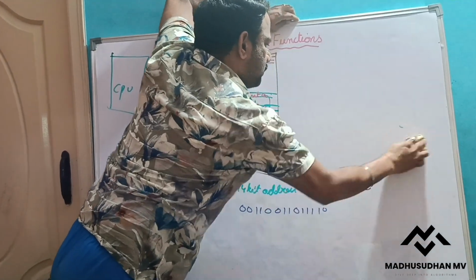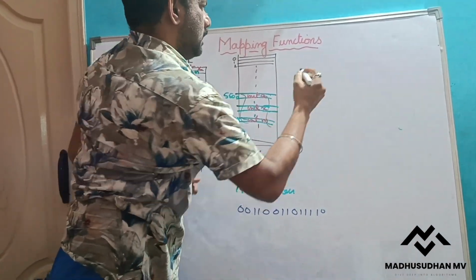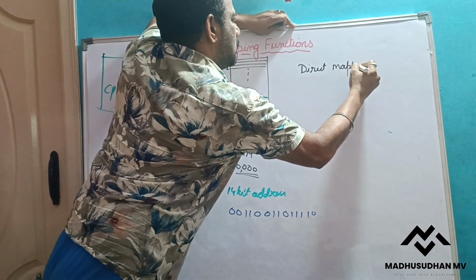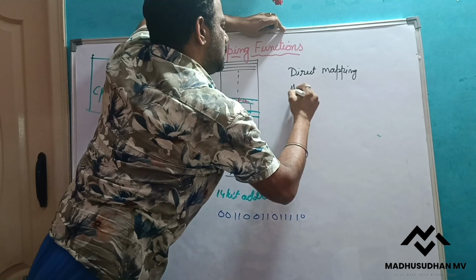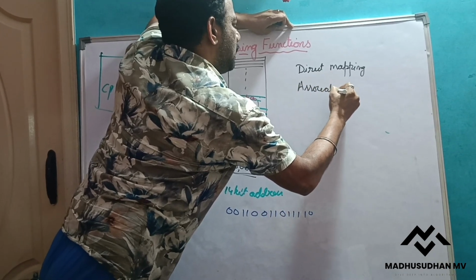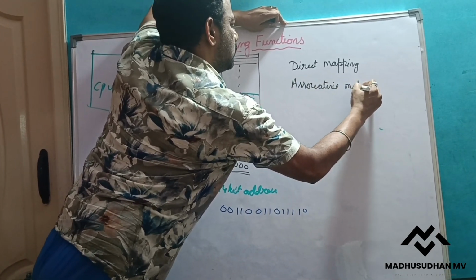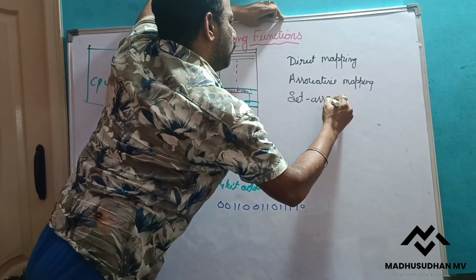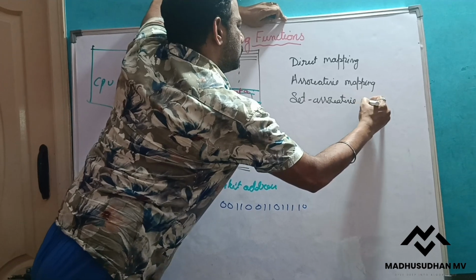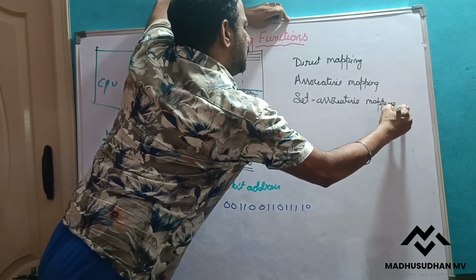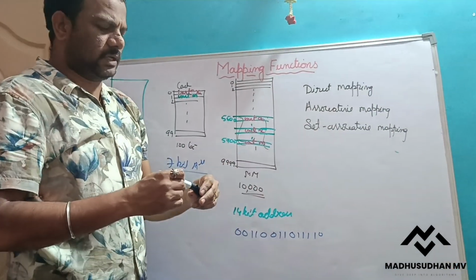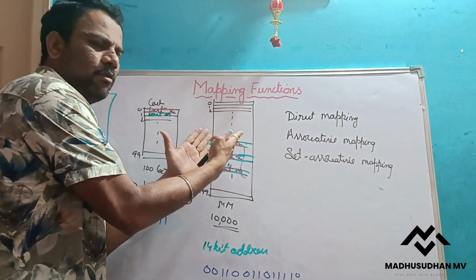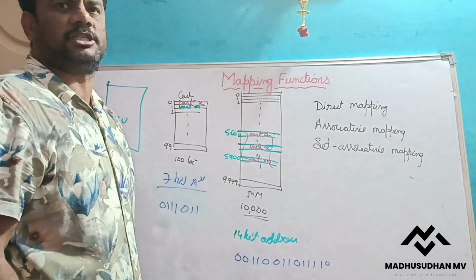One is direct mapping, next is associative mapping, and lastly set associative mapping. These are the 3 different mapping functions we are using to map which block of main memory is stored in which block of cache.